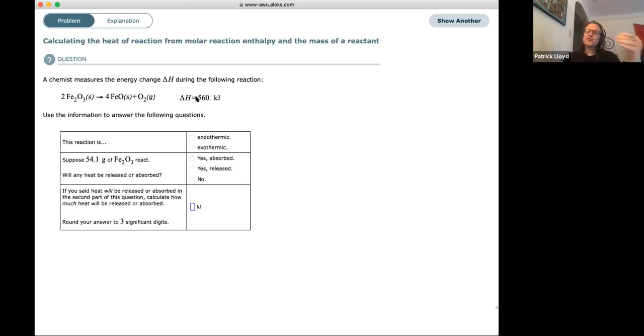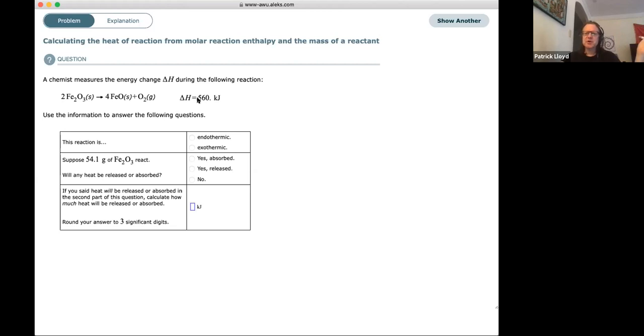So it's a straightforward stoichiometry problem, as we covered back in chapter 3, where you're given the mass of a reactant, you convert it to moles to figure out how much you have. And then we're going to relate this delta H, this value 560, to how much of each of those substances we have. So, it makes sense, right? Imagine this is a certain amount of energy that you could release from a reaction.